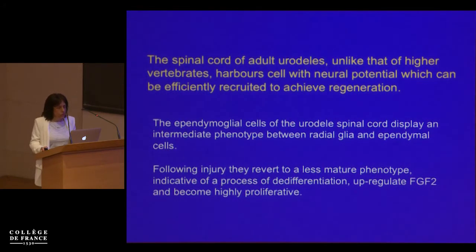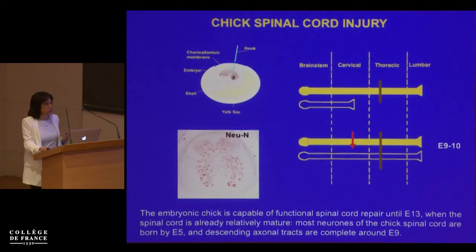One could use the word dedifferentiation, and then in response to a number of stimuli, they can start rebuilding the spinal cord. But if we go to amniotes, to a more advanced system, like for example the chick, do we have a similar event? What's happening there?